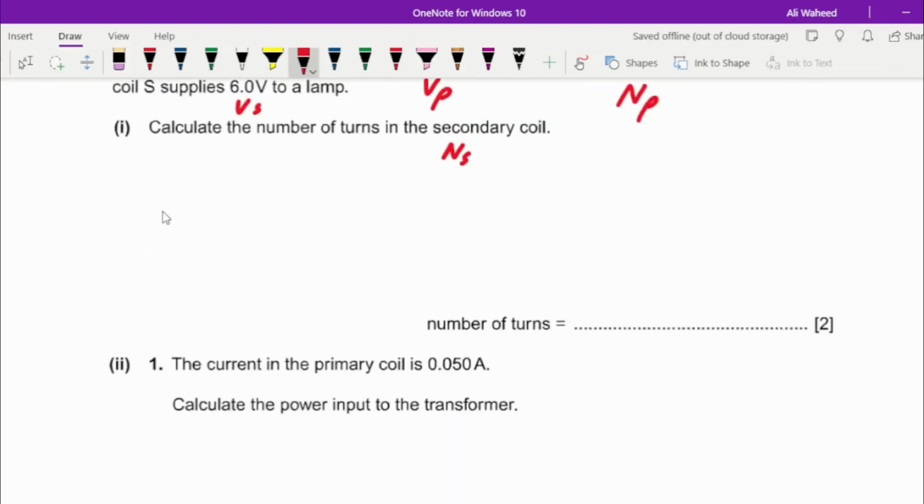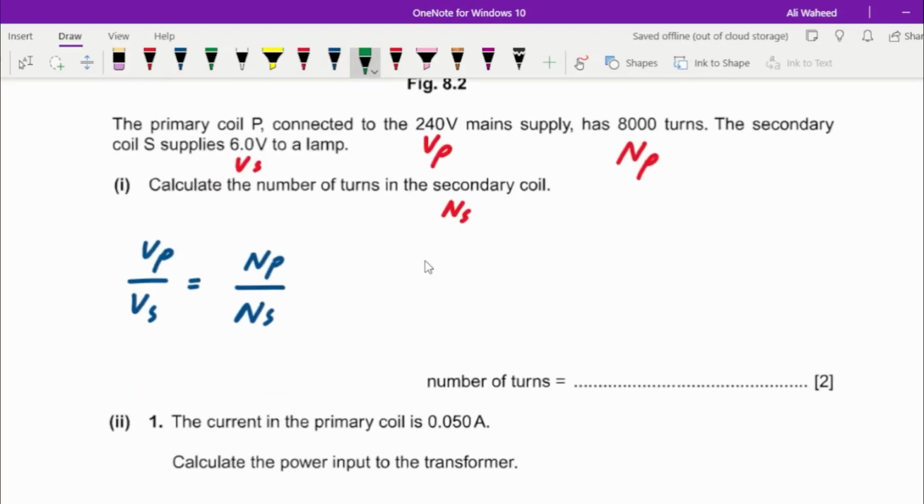And you have the easiest formula from here, VP over VS equals NP over NS. Then you insert the values.